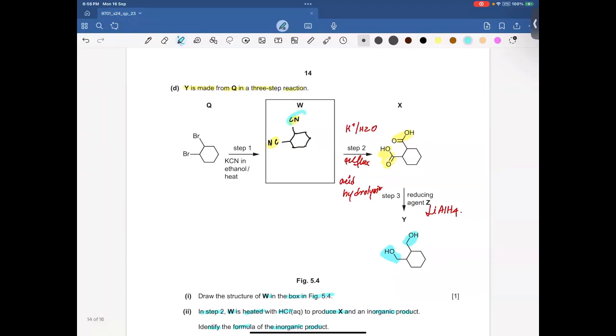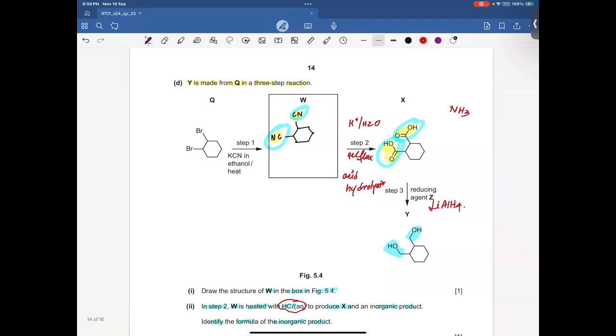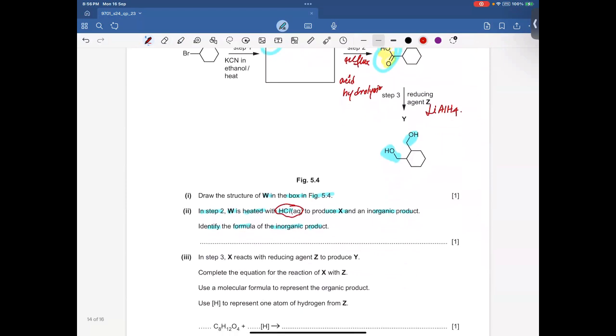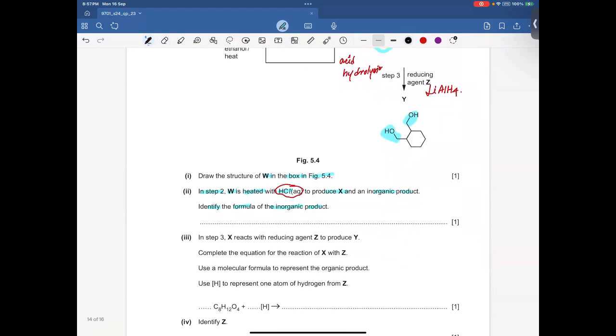Whenever CN is converted into COOH, obviously you will receive ammonia gas also. Since the reaction takes place in the presence of HCl, this ammonia and HCl combine together to give ammonium chloride. And there's a tricky part again, because this hydrochloric acid and this ammonia are reacting together, converting into ammonium chloride.